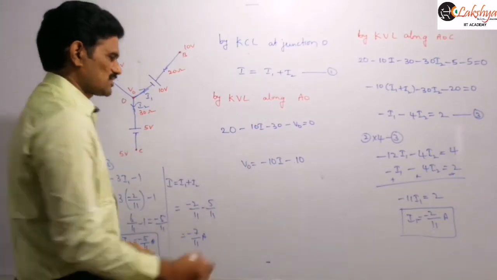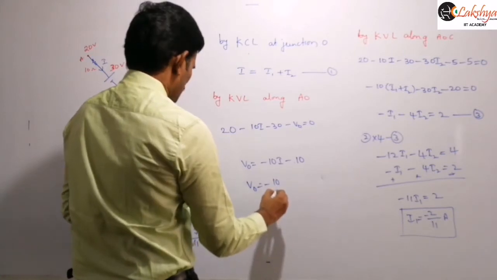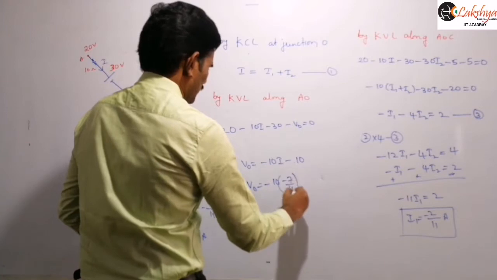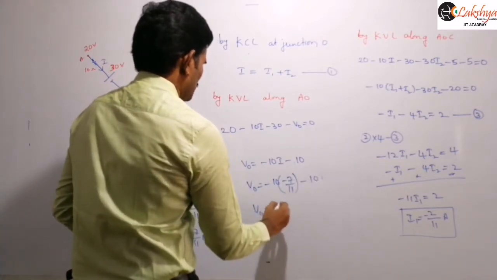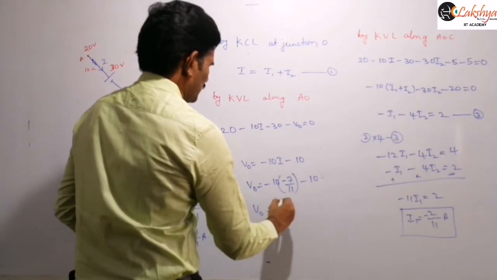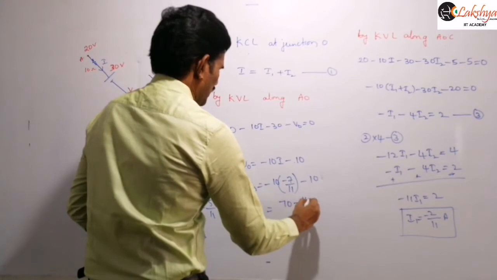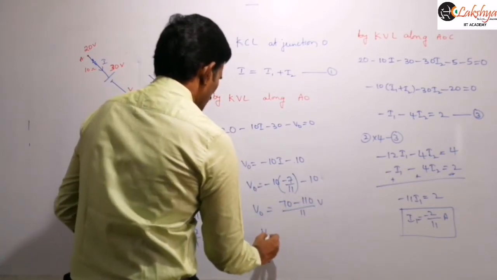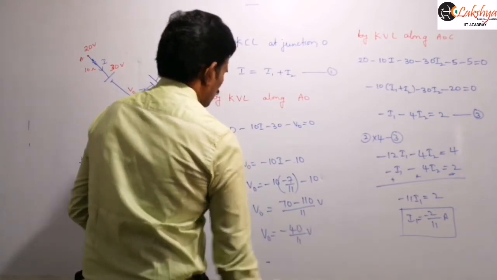Minus 10I means you can substitute this value here. V0 is equal to minus 10 into I, which is minus 7 by 11 into minus 10. So this is minus of minus, plus you will get. That means this is 70 minus 110 by 11 volts. So V0 is minus 40 by 11 volts you will get.